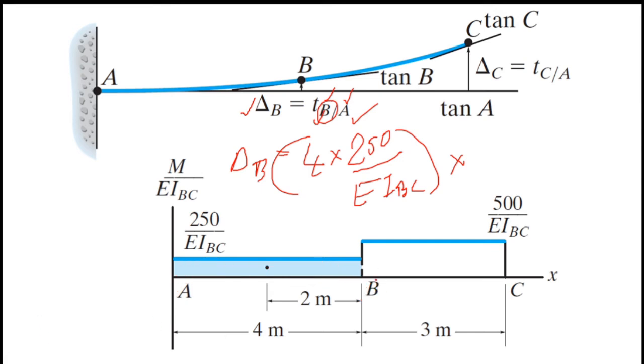I am going to take moment about this point B, and this is a rectangle, and the centroid of this rectangle lies in the middle of this rectangle. So this AB length is 4 meters. Half of the 4 meters is 2 meters. Therefore I have to multiply this by 2 meters.